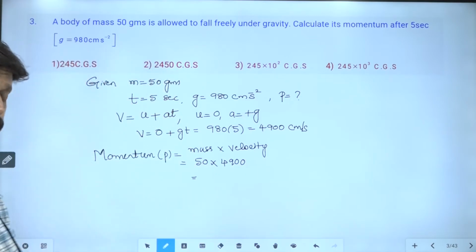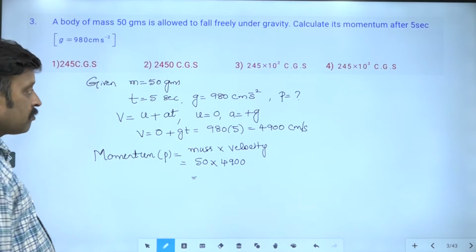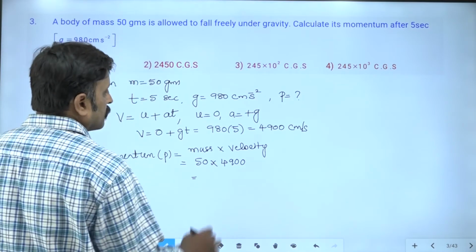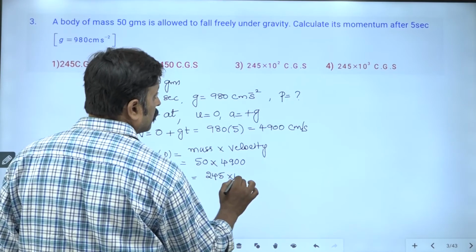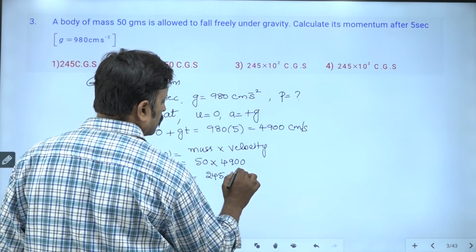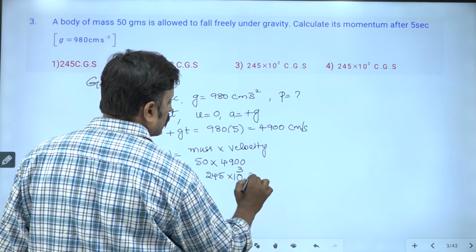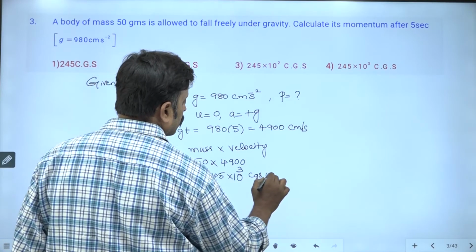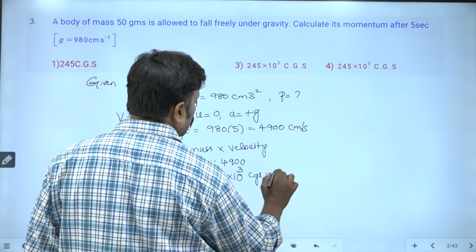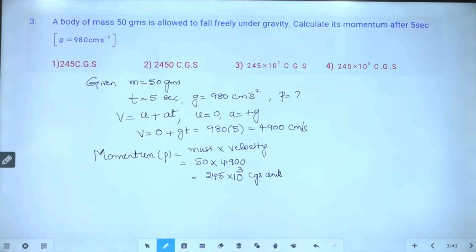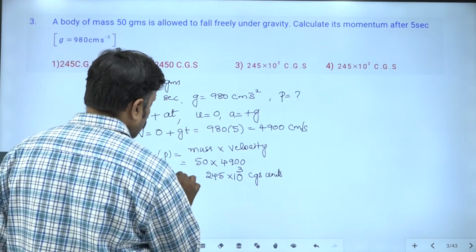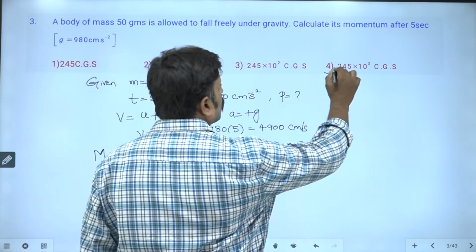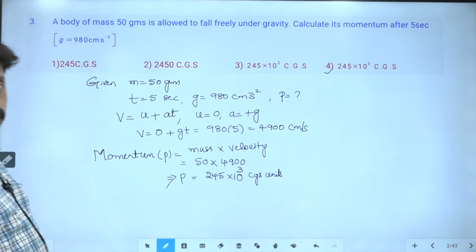If you simplify this, you are going to get the momentum as 245 times 10 power 3 CGS units. Okay. So, the fourth option is correct. Okay.